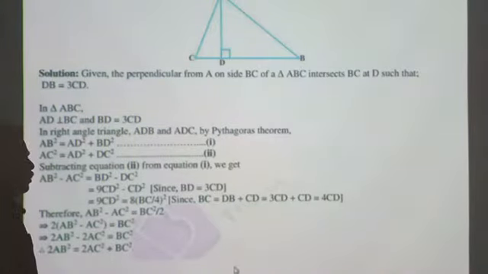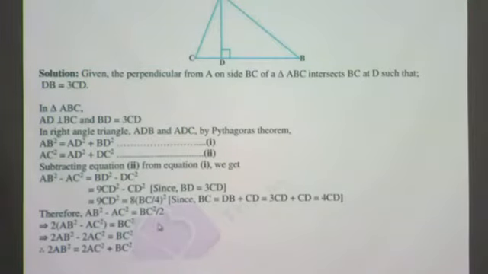It is written BC divided by 4 the whole square, so divided by 16. Automatically you can cancel 8 and 16, so BC squared divided by 2. On the left side you already have the answer, AB squared minus AC squared, so 2 times AB squared minus 2 times AC squared equals BC squared.